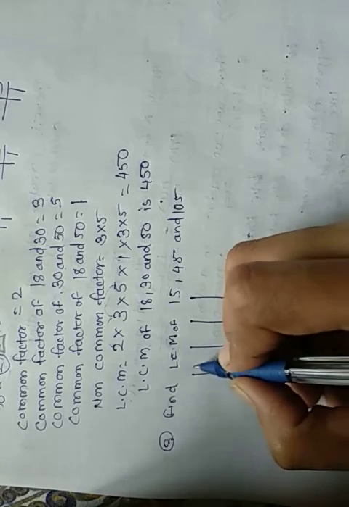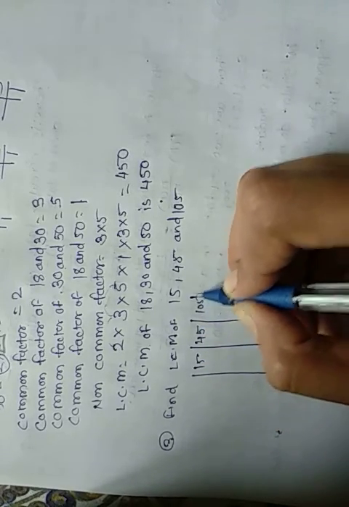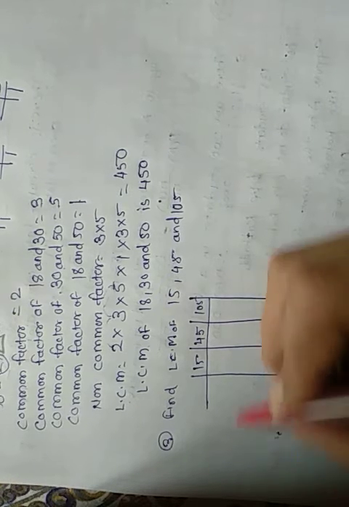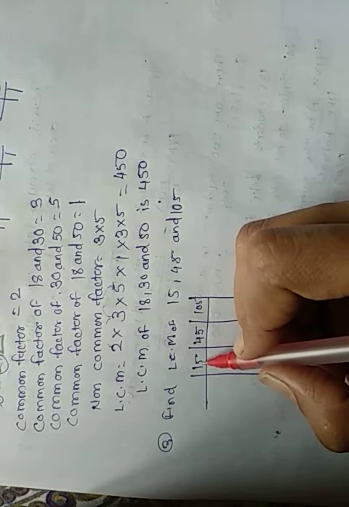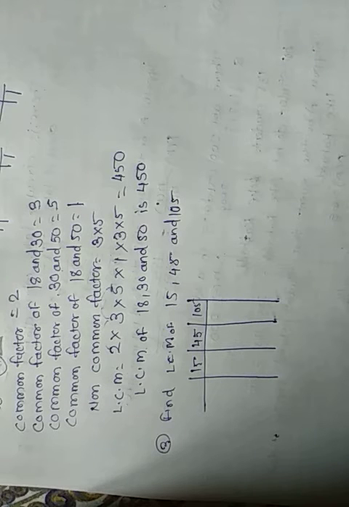See, there are three numbers: 15, 45 and 105. First use the test of divisibility to find a prime number that divides all the numbers, and then divide the given numbers.